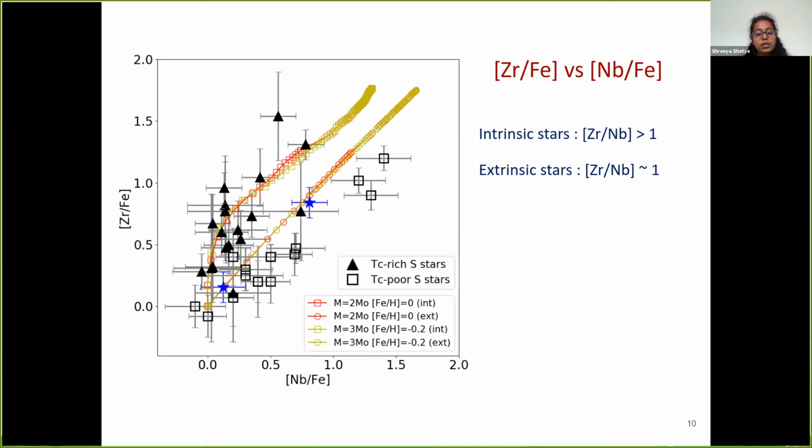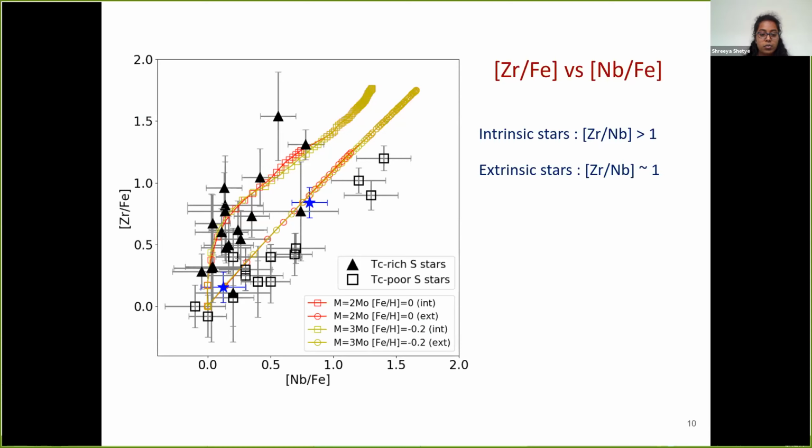The final, but quite important, highlight from the S process abundances which I would like to mention here is the use of the zirconium and niobium abundances. So just to put everything in context, the niobium that we detect in the spectra of these S process enriched stars, so AGB stars and also the other chemically peculiar stars enriched with AGB material, S process material, this monoisotopic niobium can only be produced by the decay of zirconium.